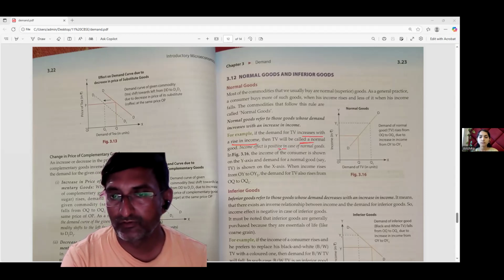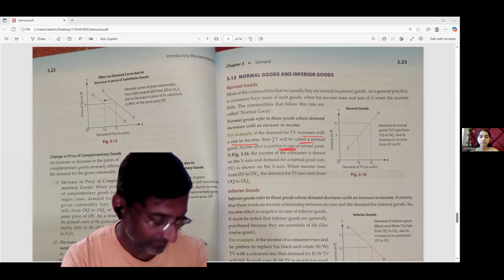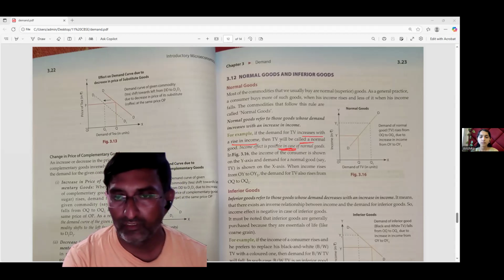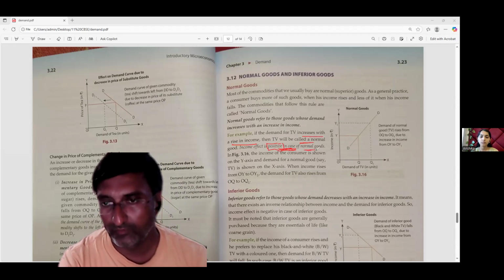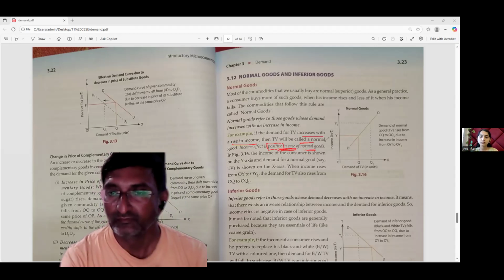Income effect is positive in the case of normal goods. When income level is good, they buy more TVs, so demand for TV is higher. That is called positive income effect.